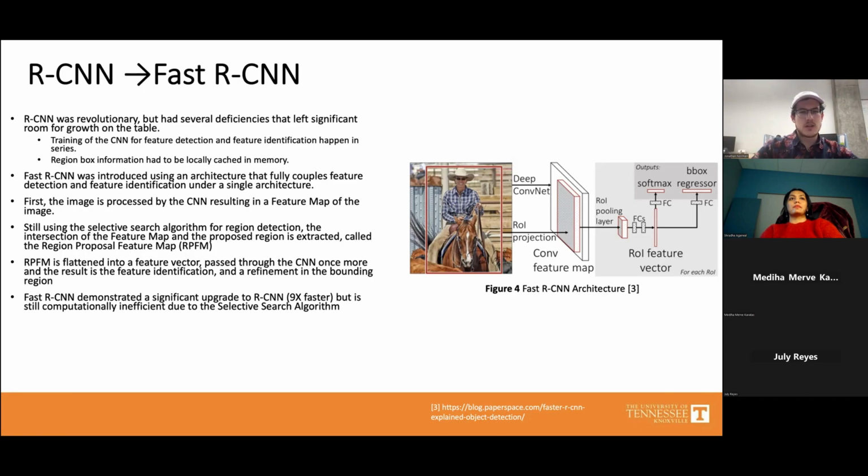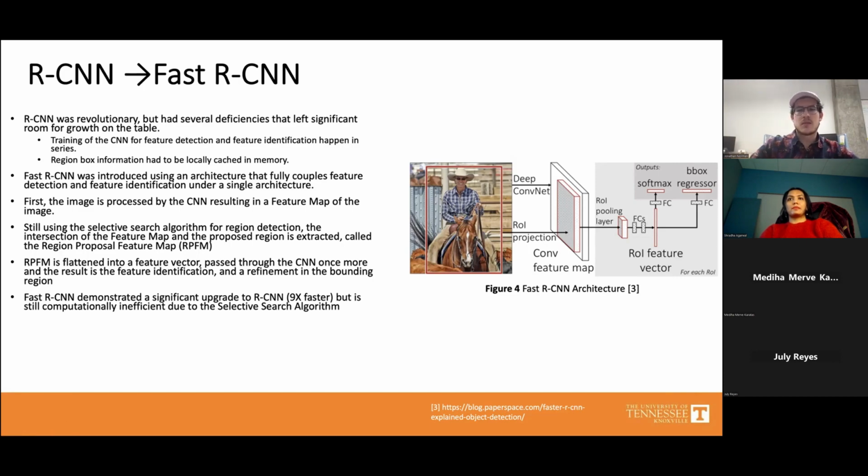Fast RCNN rectified this problem by introducing a fully coupled neural network. Basically, the regions of interest are selected through selective search once again. They are passed through the convolutional neural network to decompose them into a feature map. This feature map is then used as an input into the region proposal feature map.